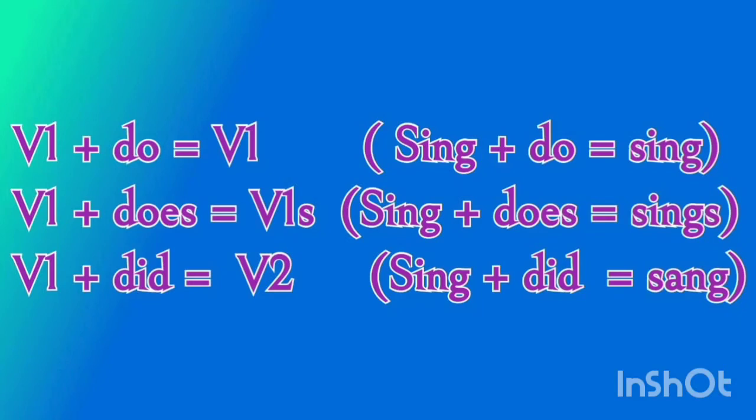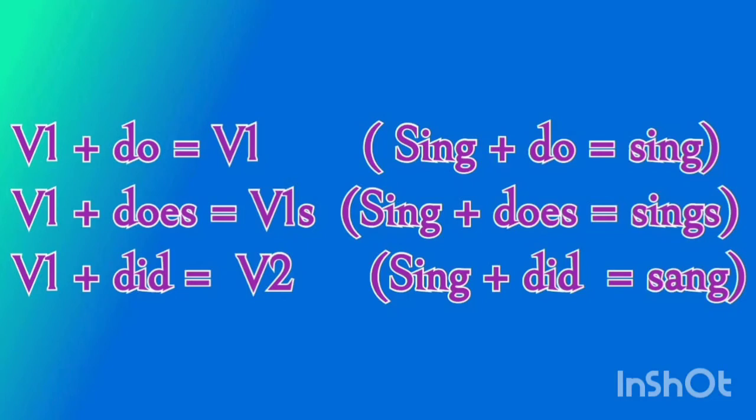V1 plus does is equal to V1s, used with he, she, it: sings, plays, writes. In past tense, V1 plus did is equal to V2: sing plus did is equal to sang. We won't use a participle here, because a participle is always accompanied by a helping verb like is, am, was, were, or have, has, had.